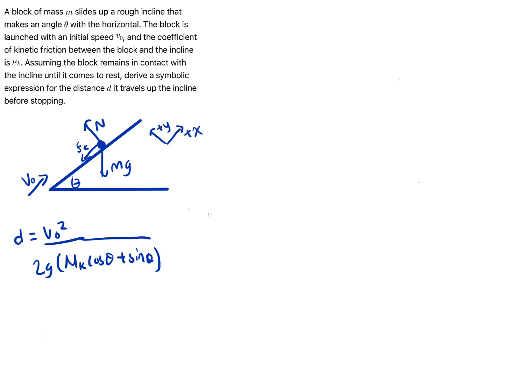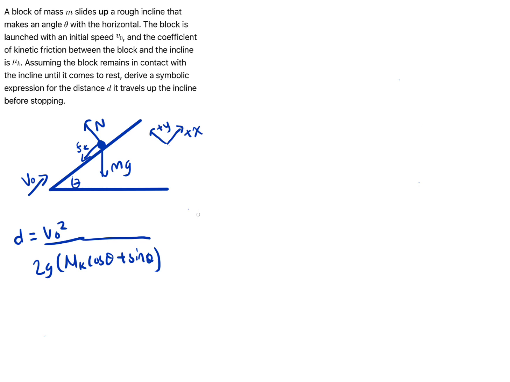So one, we can start by doing something called dimensional analysis. What this means is we are solving for the distance d, and the units of d are meters or some other equivalent length unit. So since d is equal to this whole expression here, this whole expression must also have the units of meters.